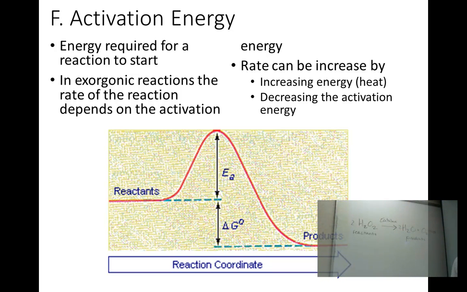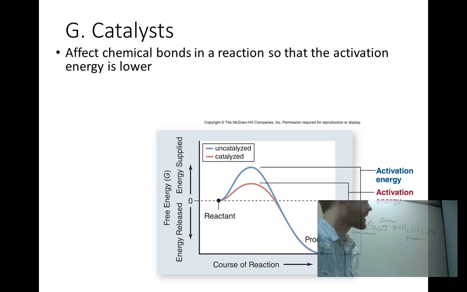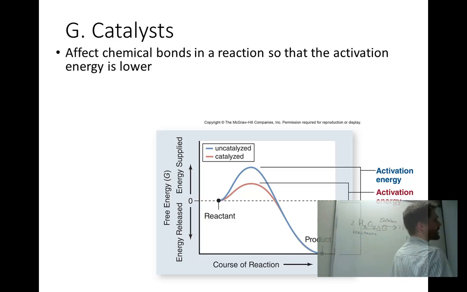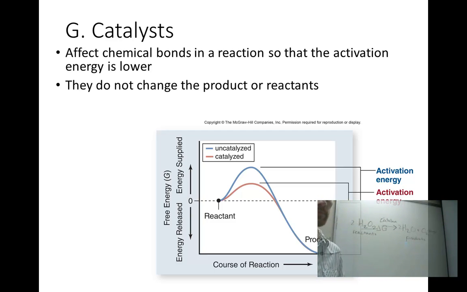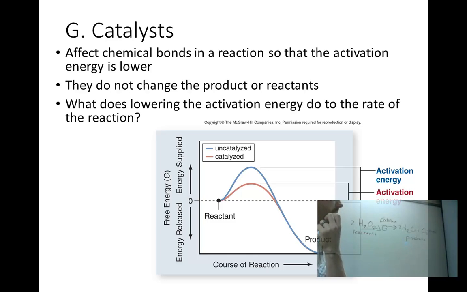Okay, so the first graph we looked at just had the reactants and the products. But this one includes an amount of energy called the activation energy. Catalysts lower the activation energy in a reaction. They don't change the products or the reactants.